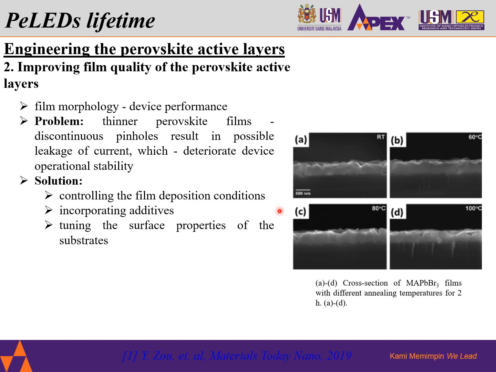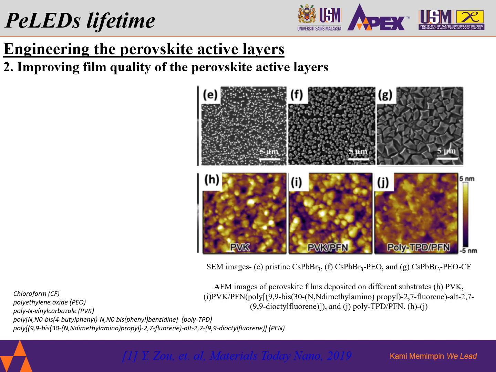So this is an example of the cross-section of MAPbBr3 films prepared at different annealing temperatures: room temperature, 60 degrees C, 80 degrees C, and 100 degrees C for 2 hours. It can also be seen here through the improving quality of the perovskite active films.